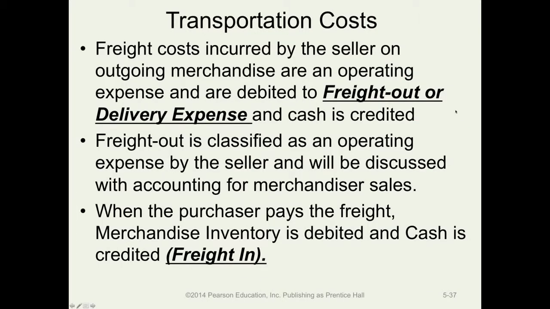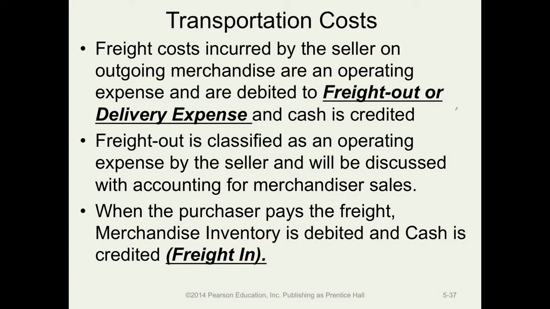So the freight cost incurred by the seller is going to be the freight out. So this is different. Again, if the seller pays the freight, it's considered a delivery expense, and it is a debit to a delivery or a freight expense and a credit to cash.